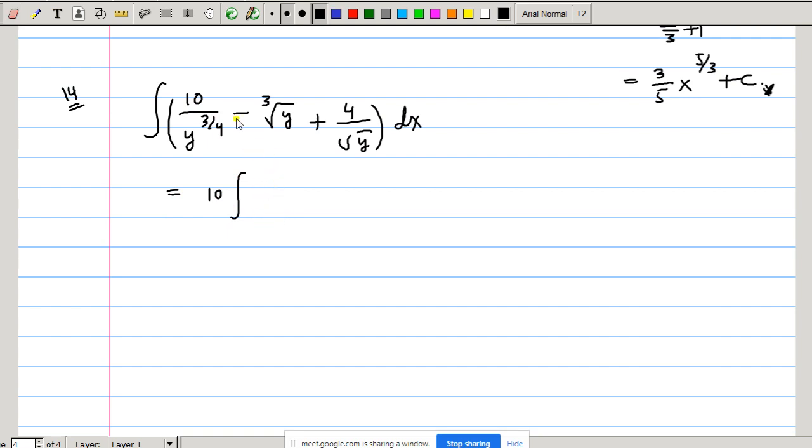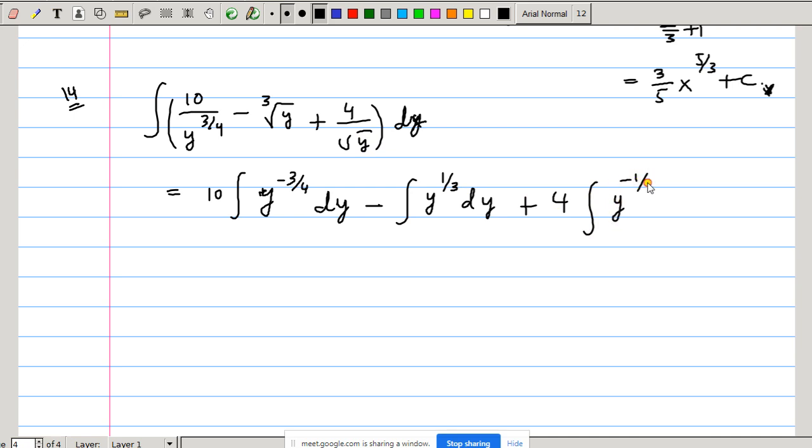I can bring it up and write this as y to the power minus 3 by 4 dy, not dx, minus the integral of cube root of y, which is y to the power 1 by 3 dy, and then plus 4, a constant, times the integral of 1 over square root of y, which is y to the power minus 1 by 2 dy. So we should bring them up to make the power.